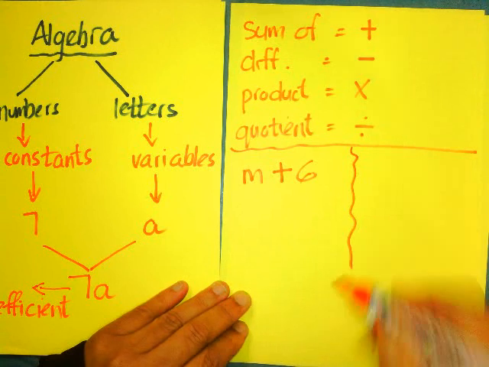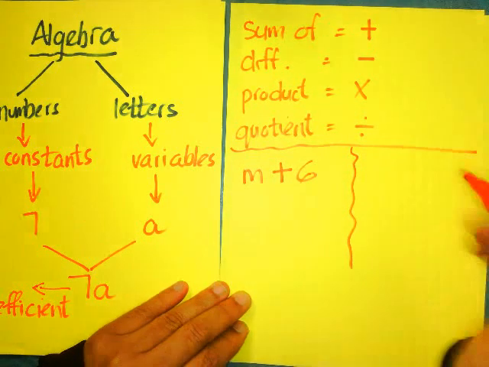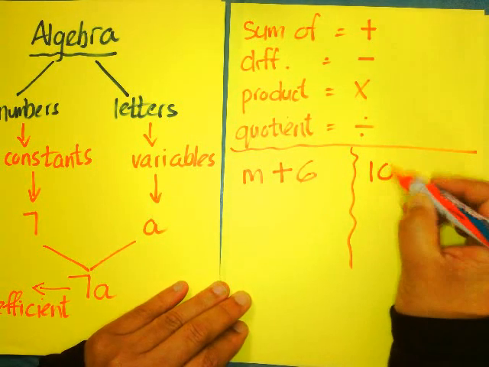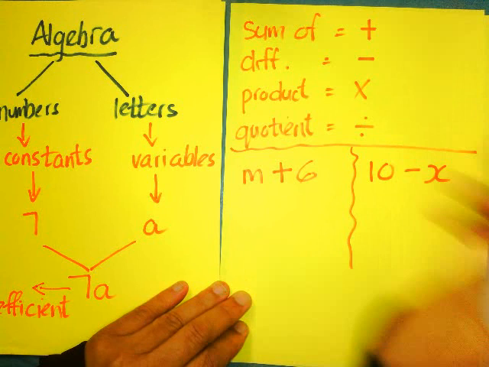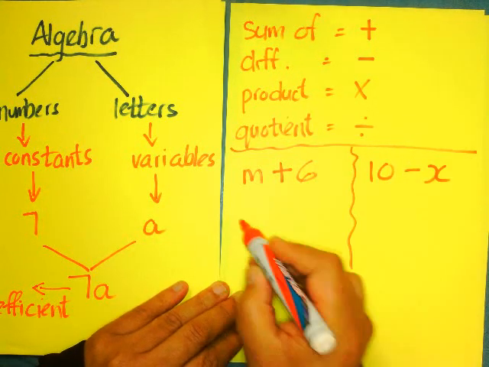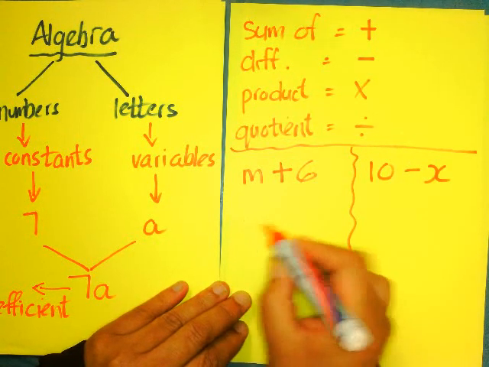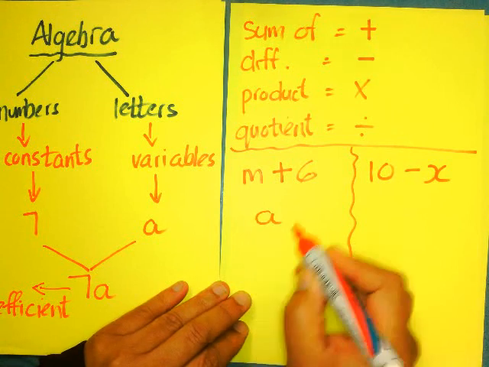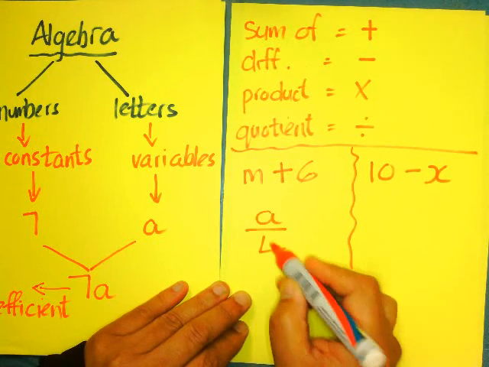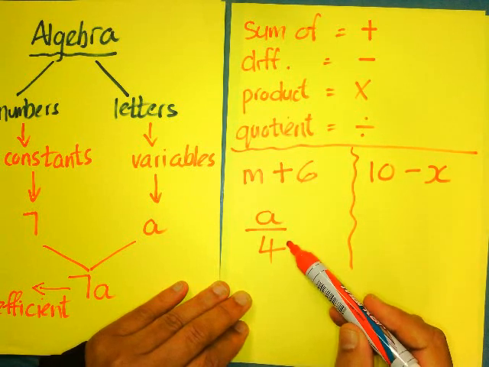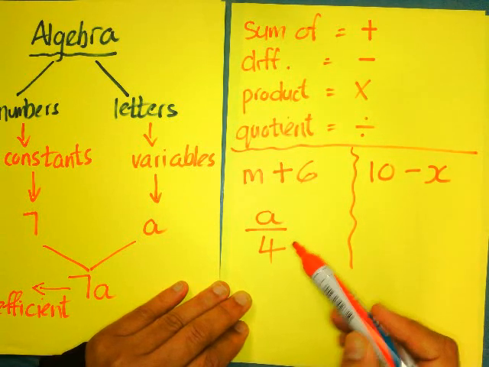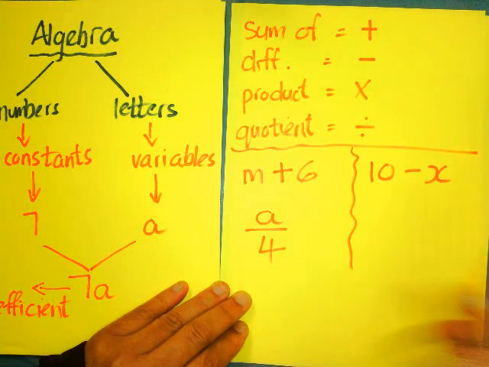Likewise, I can say the difference between 10 and a number, then it will be 10 minus x. I can say the quotient between a number and 4, and I can write it like that. Take note, we're writing the division in a fraction form.